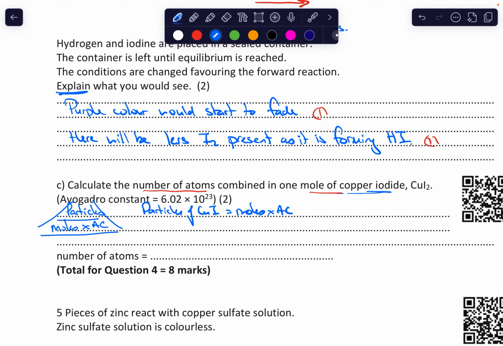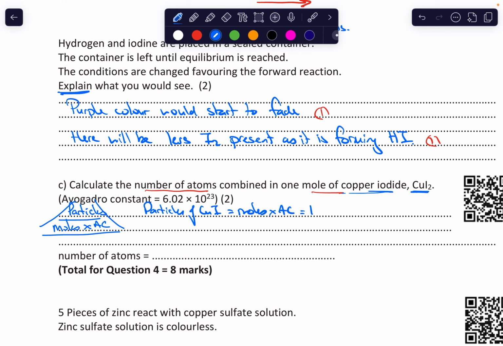So when we work out the particles, we do moles times AC. So the moles in this example is 1, because here we've only got 1 mole of this, and then we're going to times it by Avogadro's constant. Okay, and that's going to tell us that we have got 6.02 times 10 to the 23 of this copper iodide. But we've got to be careful.